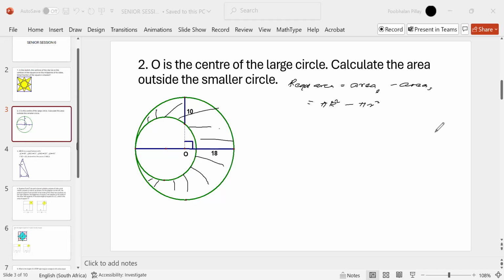So we need to calculate this quantity, but we don't know either capital R, which is the radius of the large circle, or small r, respectively the radius of the small circle.